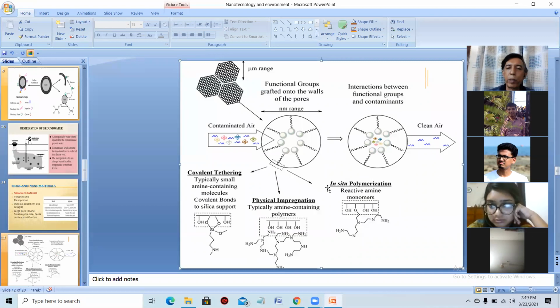You can graft by in situ polymerization. You can graft by physical impregnation. You can graft by covalent tethering, that means by covalent bonding. There are different ways by which you can graft the functional groups to the walls of the silica pores.